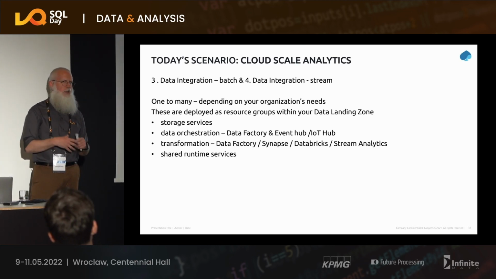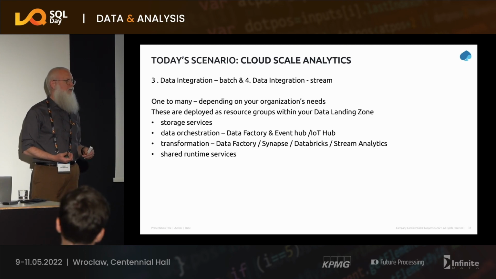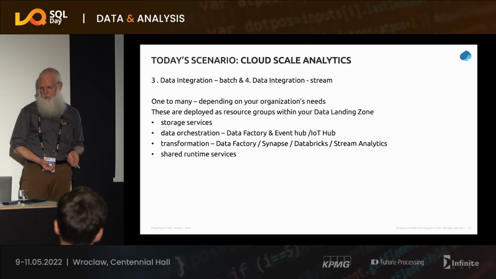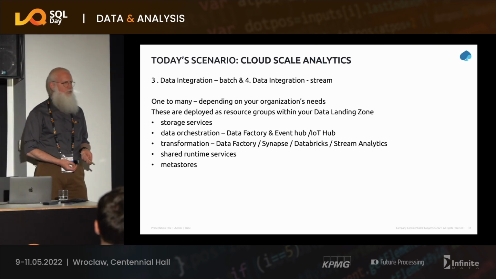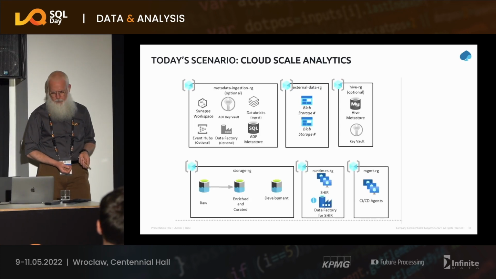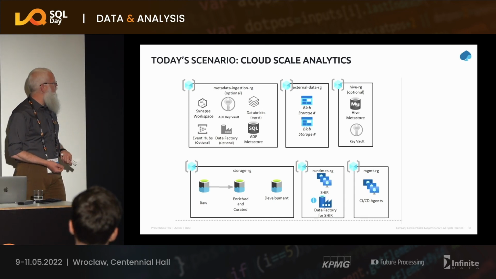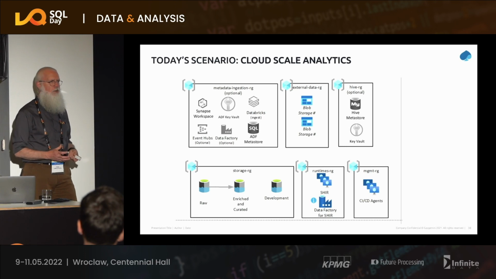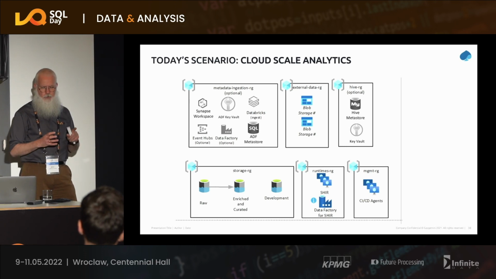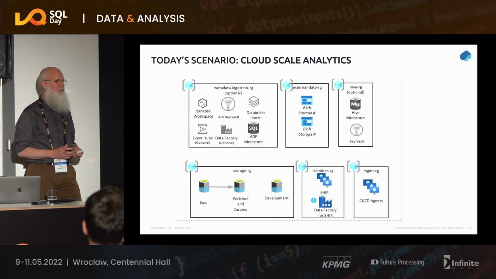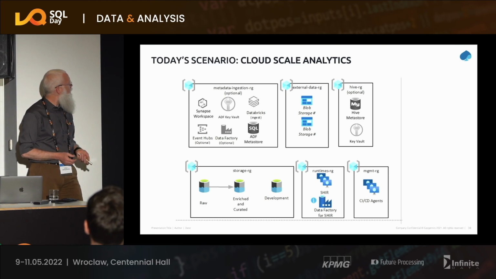And of course, the shared runtime services that the different services need to connect to your on-premise environment or other sources that you're connecting to. And of course, your metadata stores. It's a bit simpler this way. It's few resources, but again, they are trying to put these into more specific, role-specific resource groups.